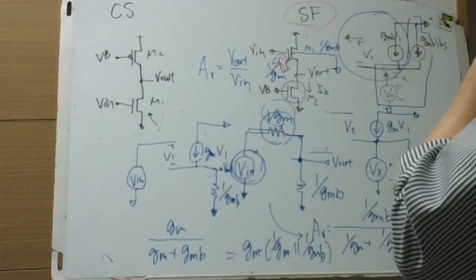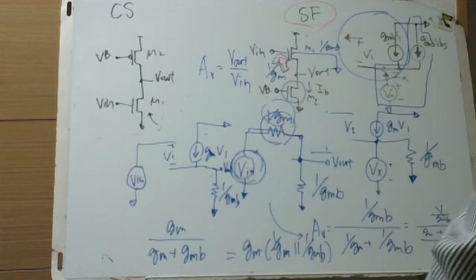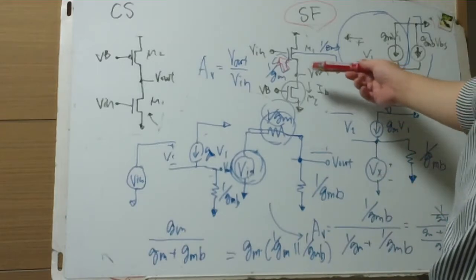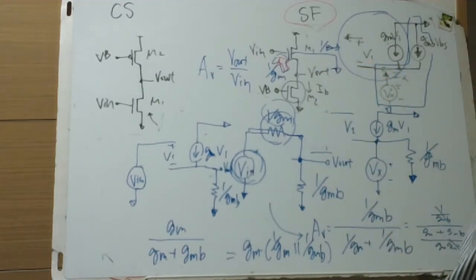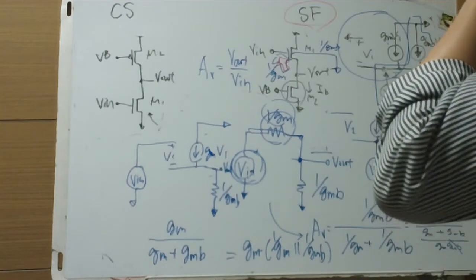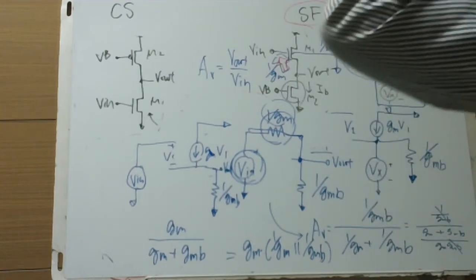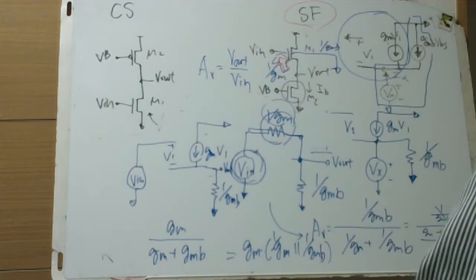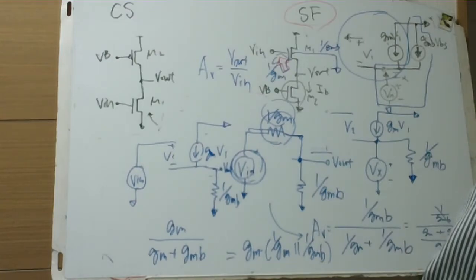Really? So V in AC equals V1, as long as V out doesn't move. But V out is V in times AV. V in moves, V out moves, with the ratio of AV.